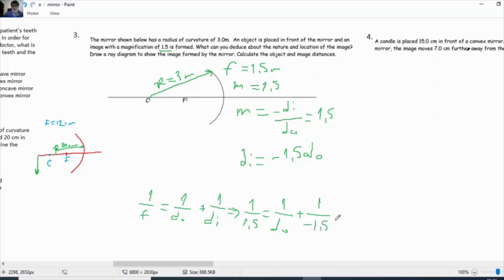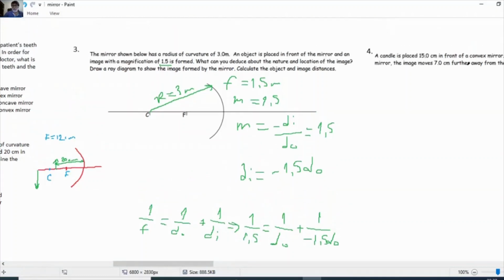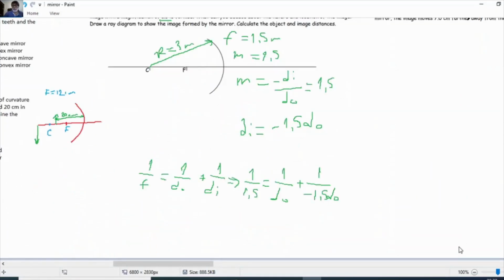1.5 times the object. Okay, now to make the mathematics simple, let's multiply everywhere by 1.5. If you multiply this one by 1.5, you are going to get 1 here, because 1.5 divided by 1.5 is 1.